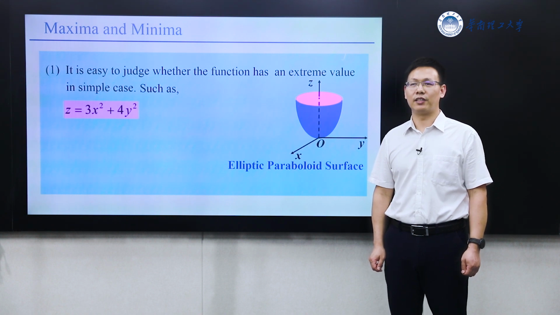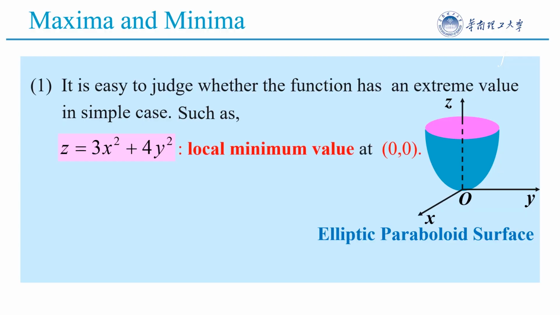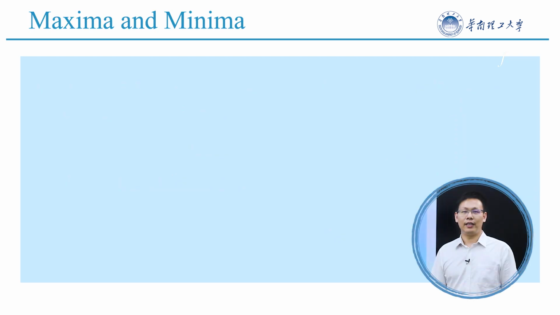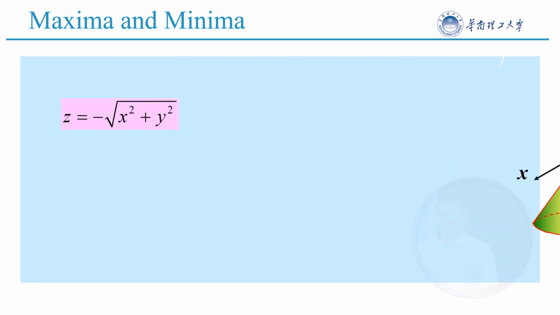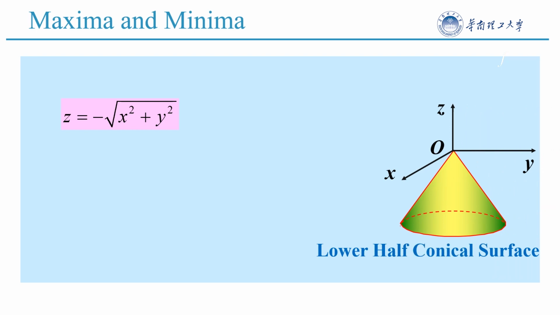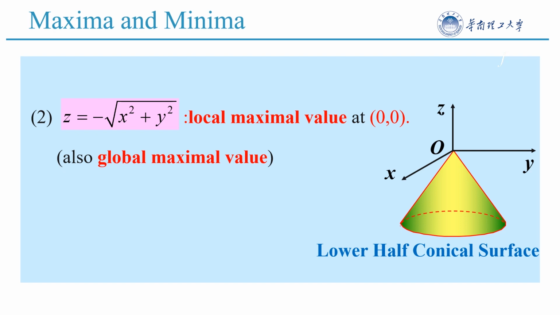According to the figure and the definition of extreme value, z has a local minimum value at (0, 0), and z(0, 0) is also a global minimum value. Another example, if z is this function, the figure of it is a lower half conical surface. Similarly, z has a local maximum value at (0, 0).